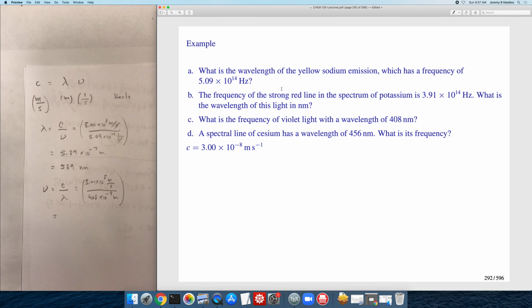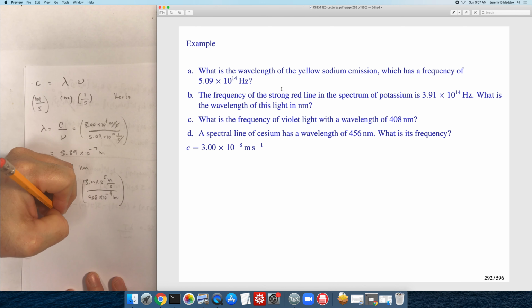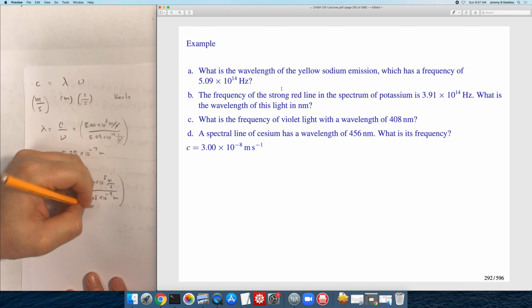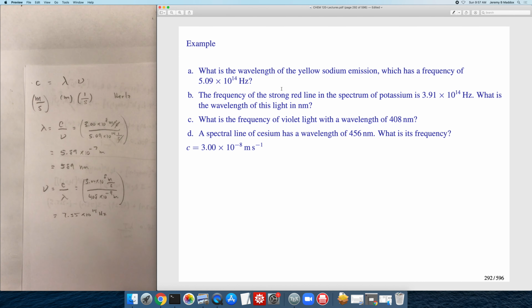We'll get that number, .35 times 10 to the 14 hertz in this case.